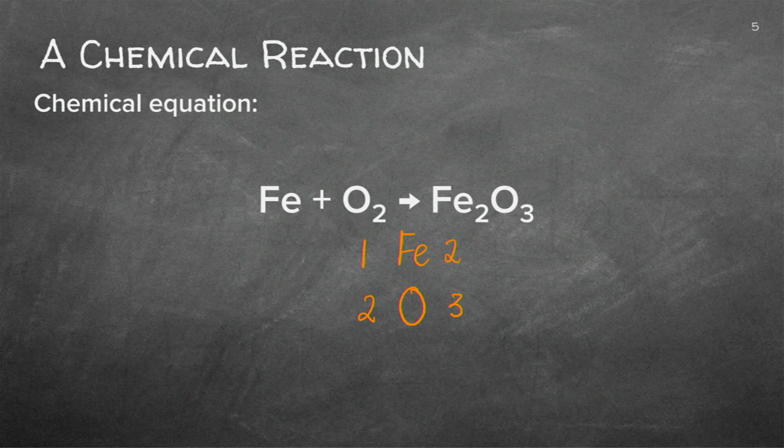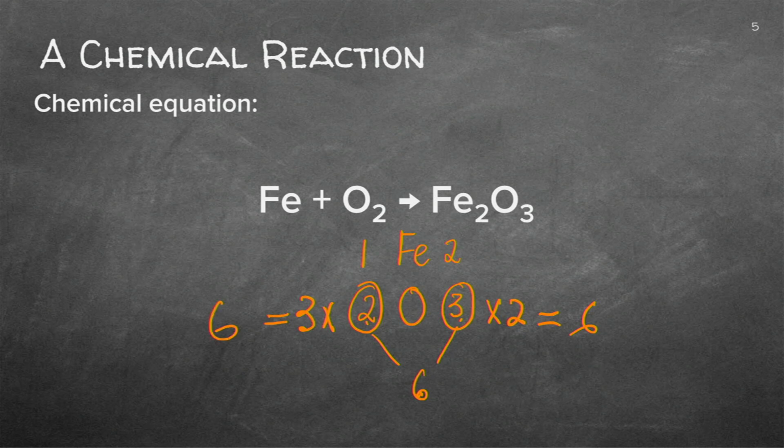And what you can do now is balance by saying, what is the common denominator for 2 and 3? You know it is 6. So 2 will go into 6 3 times, and 3 will go into 6 2 times, thus giving me 6 oxygen this side, 6 oxygen that side. Let's put that into our equation. Well, can you see I put a 2 there?